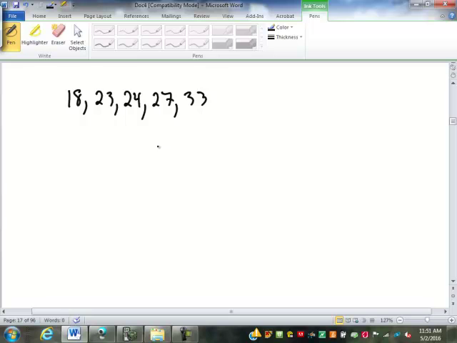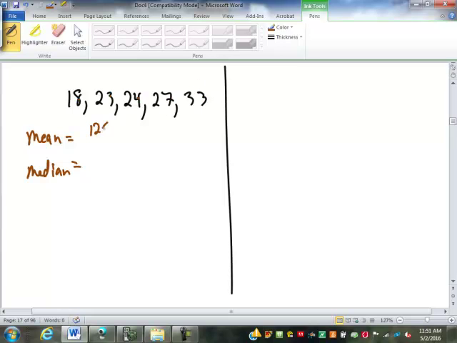So here's my first data set. Let's find our mean and our median. So our mean, we're just going to add them up. I'm just going to do that right here. 18, 41, 65, 92, 125.